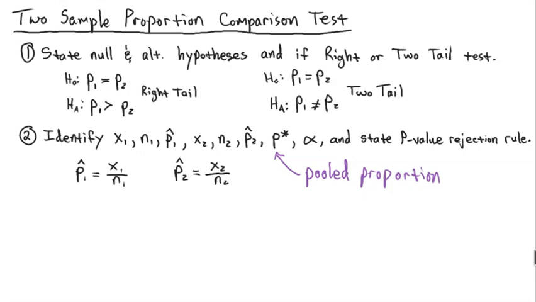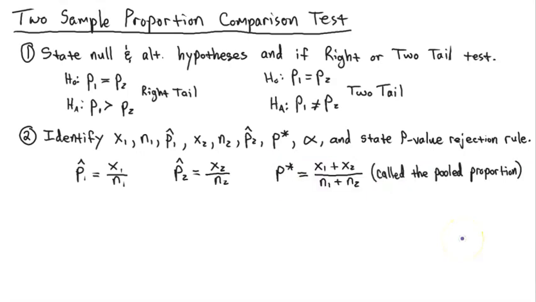It's kind of a combined proportion of P1 hat and P2 hat, because it makes use of x1 and x2, and then n1 and n2. Okay, so let's see what the formula looks like. All right, so you can see this is a pretty easy formula. You just add the 2 successes and divide by the sum of the 2 sample sizes. So sum both successes from both populations, and then sum up both sample sizes in the denominator, and we call this the pooled proportion.